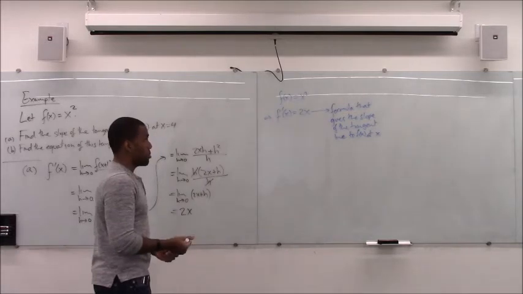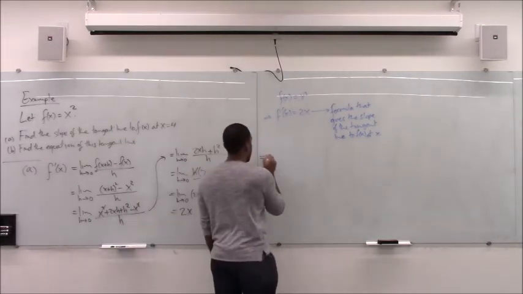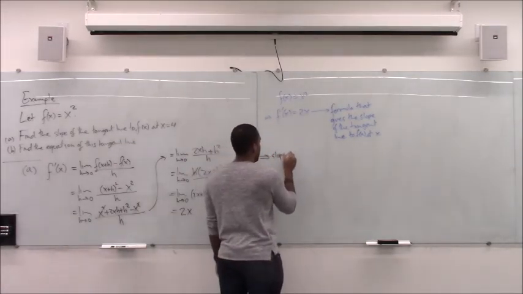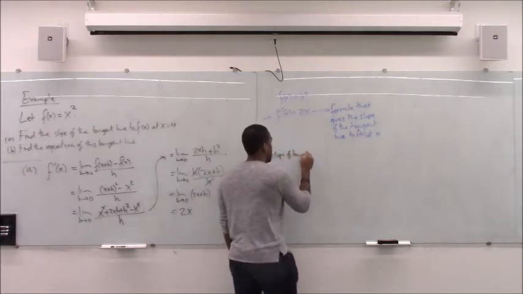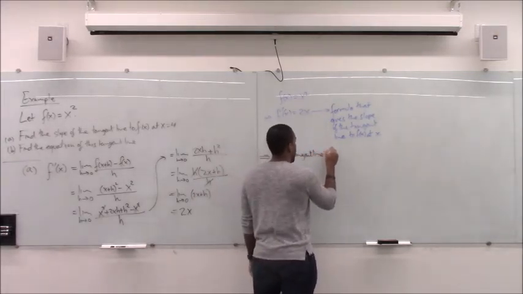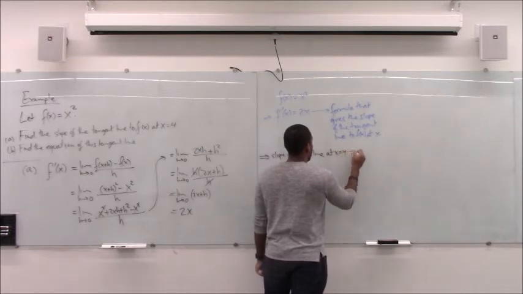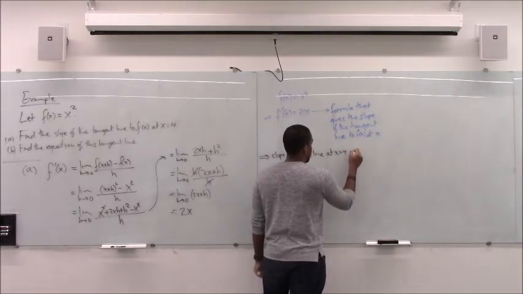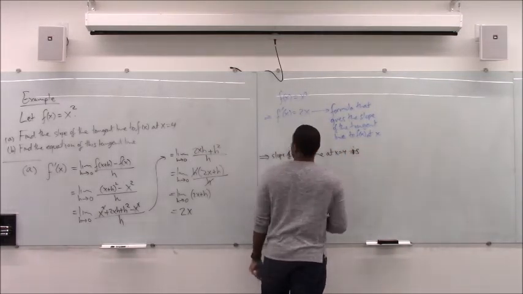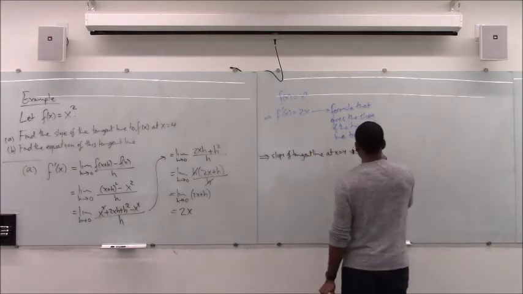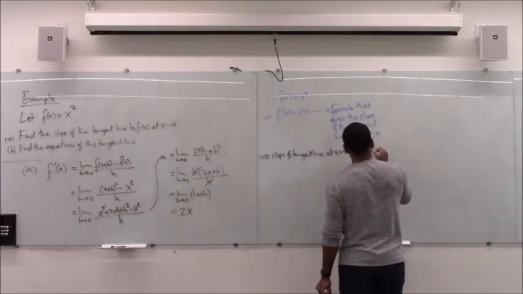So in particular, the slope of the tangent line at x equals 4 is going to be f prime evaluated at 4.